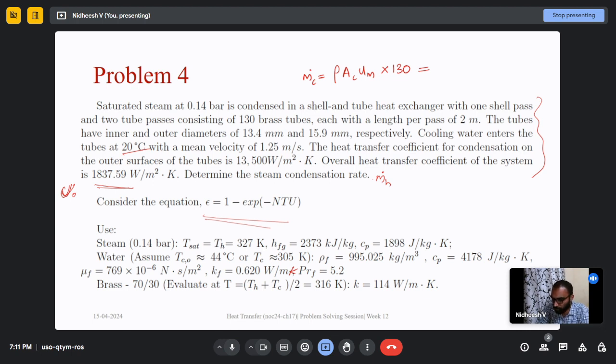Area of cross section is pi r square, pi d square by 4. So this would be pi d square by 4. So I'm getting a value of 22.8 kilogram per second. Okay, was that clear?